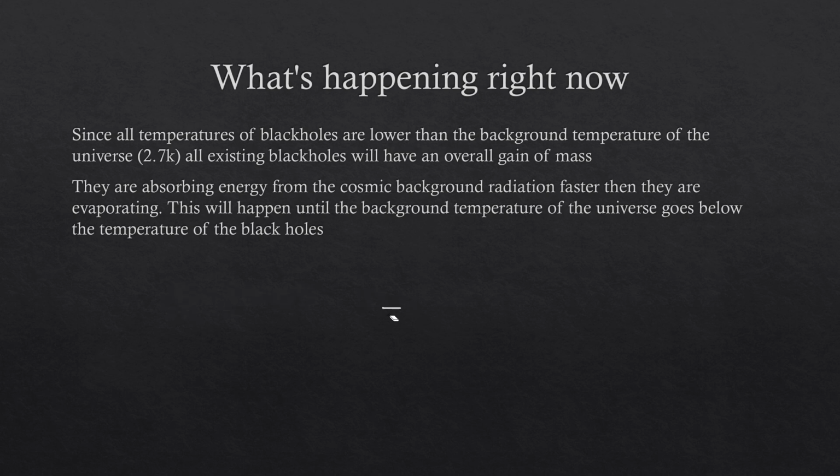Oh, it's not working. There we go. So, if we were to calculate the temperature of a black hole with the same mass as the Earth, the mass of the Earth is 5.97 times 10 to the 24 kilograms.